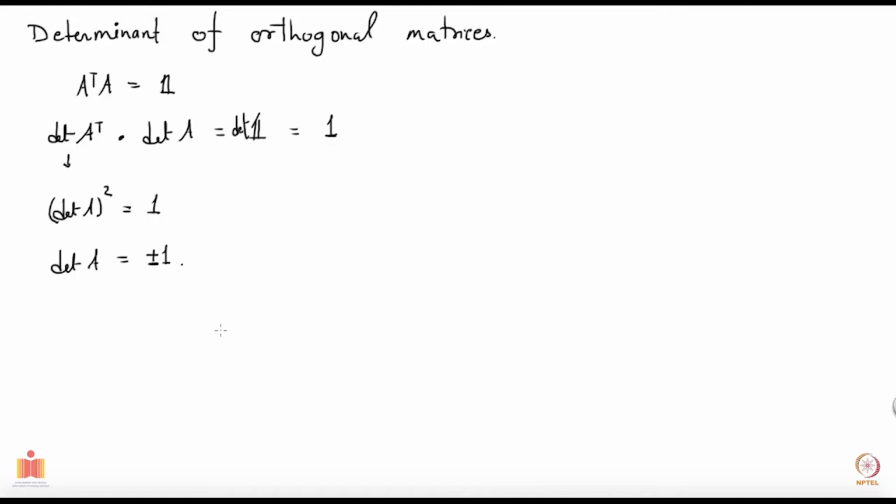Before I say that, let me write which possibility we should choose. Should it be plus 1? Should it be minus 1? Or can both be here? That is what we are asking.